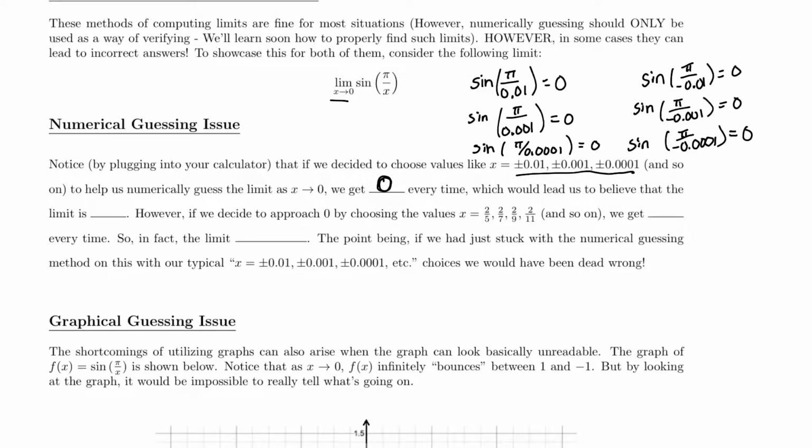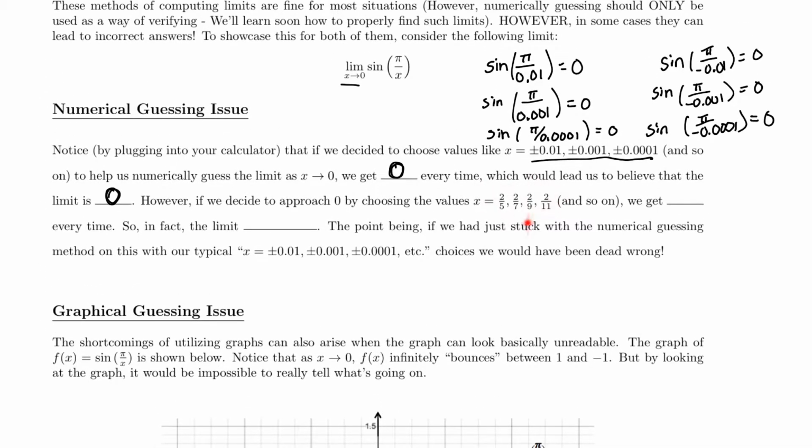So this would make us think that that limit is 0. However, if you choose other small numbers, like a 0.003, you're going to get different numbers. And here's what's happening.